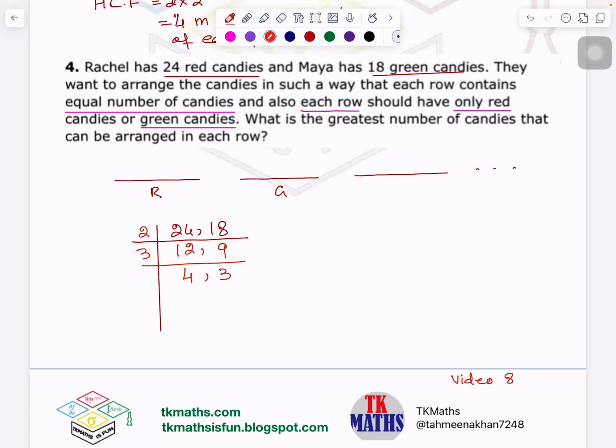So this shows that the highest common factor is 2 times 3, which is 6. It means in each row there will be 6 candies. What is the greatest number of candies that can be arranged? So 6 candies can be arranged in each row. You will write the statement completely because you are explaining the meaning of each number.